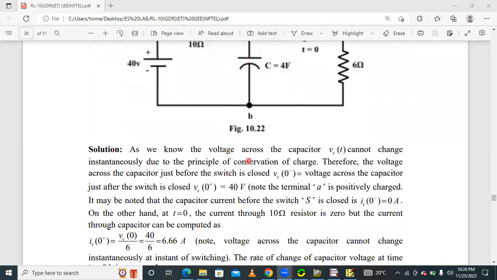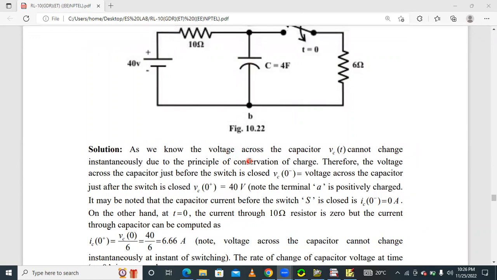As we know, the voltage across the capacitor VC cannot change instantaneously, due to the principle of conservation of charge. The capacitor does not allow sudden changes in voltage.